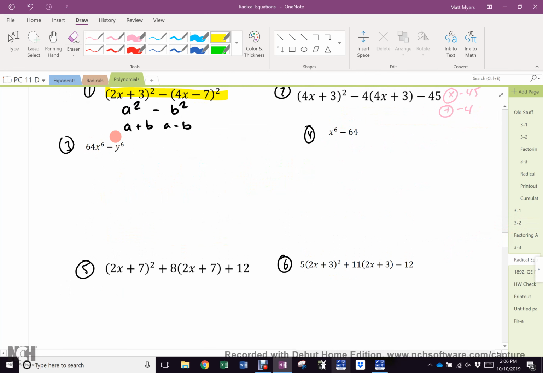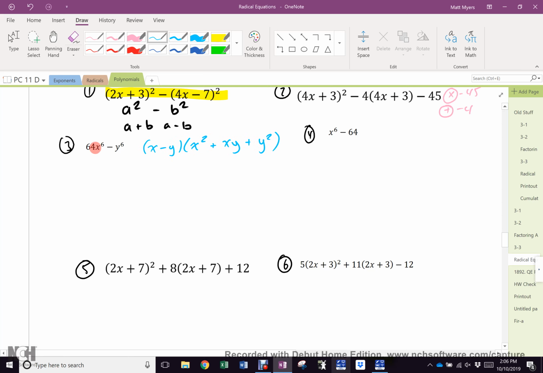This was a difference of cubes. My good friend Crystal spotted that, and she said to herself, "Self, I know that a difference of cubes is the square root of the first one minus the square root of the second one times the first one squared plus them both multiplied together plus the second one squared."